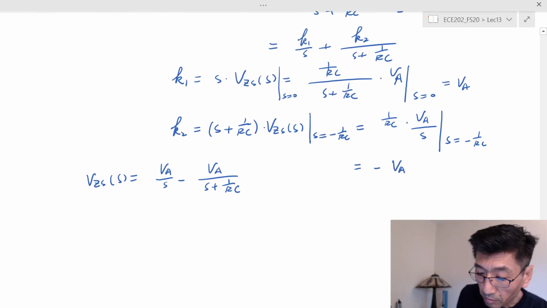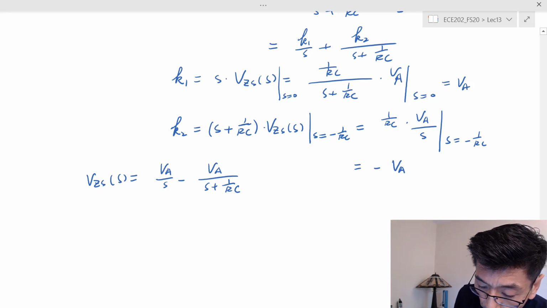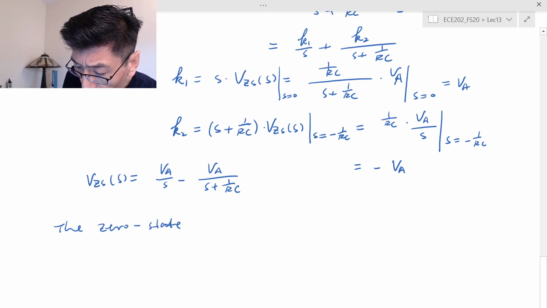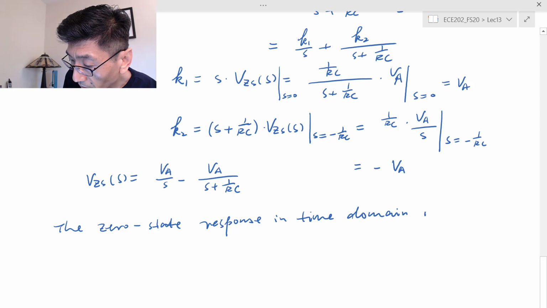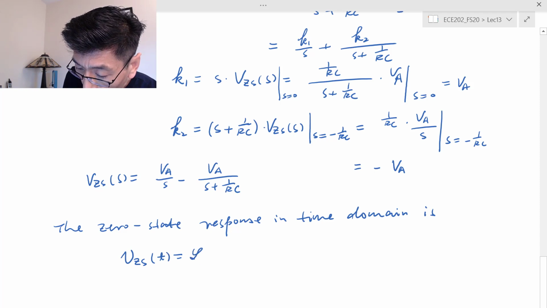And if we do an inverse Laplace transform, the zero state response in time domain, v sub ZS of t, is equal to the inverse Laplace transform of capital V ZS of s.